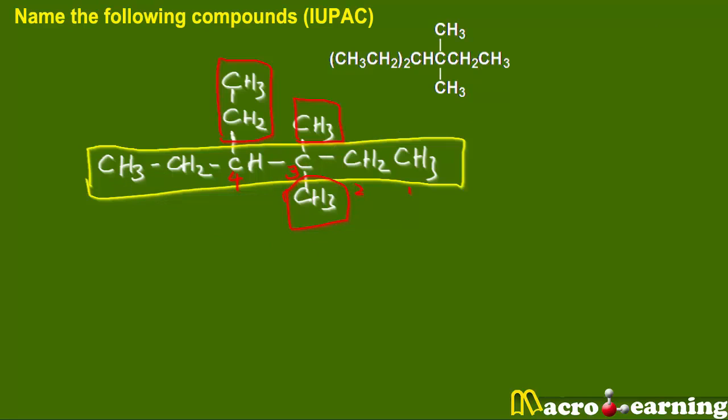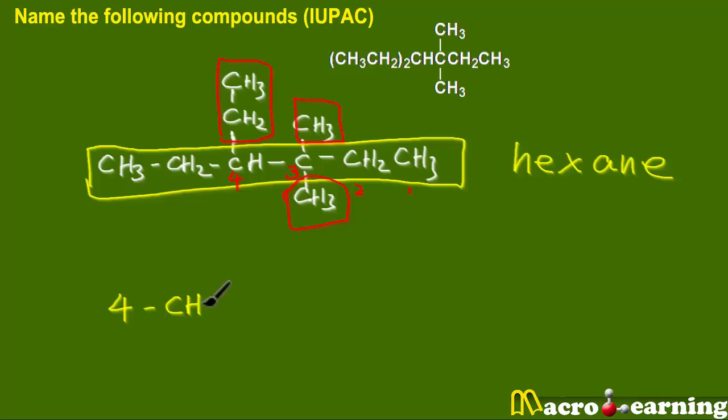Let me change color. Again, I forgot. The main chain is gonna be a hexane. So with that and the substituent and the numbering, we got 4 ethyl, right? Ethyl group on the 4th carbon. We put it first because alphabetically.